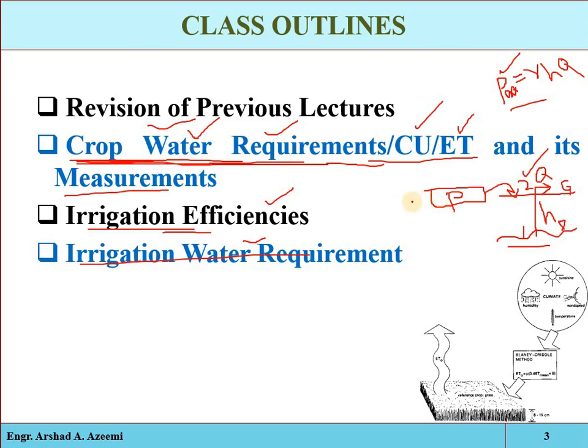Now how much power do you have to enter into the pump? Then you will have to account for the efficiency of the pump. Clear? So the power required for the pump will be equal to the power which is actually applied to the water divided by the efficiency of the pump.